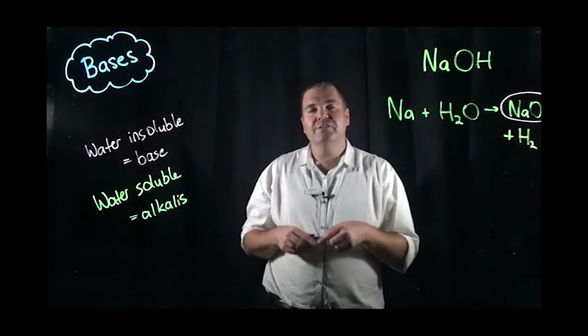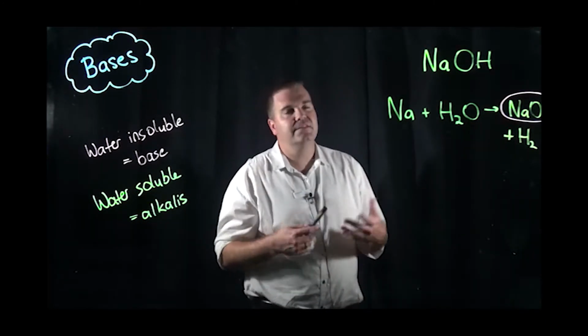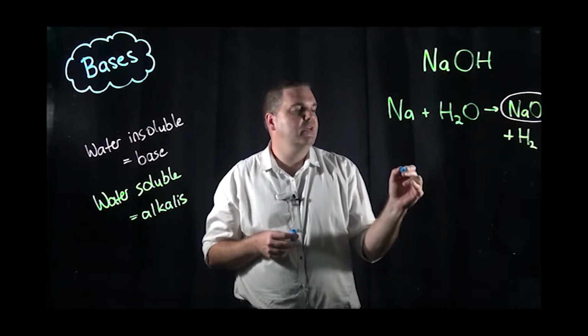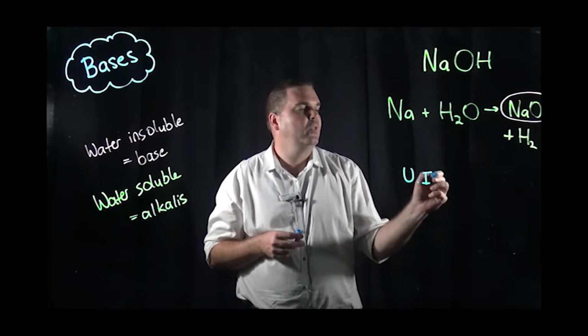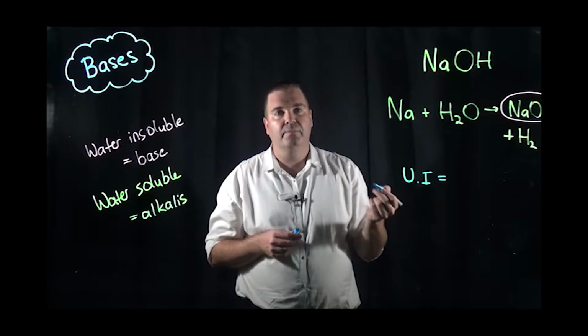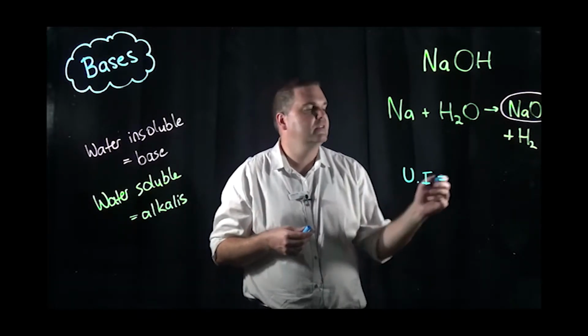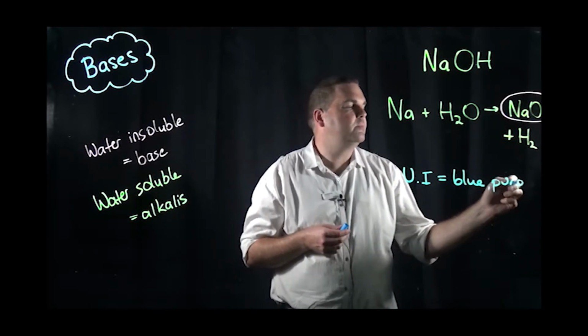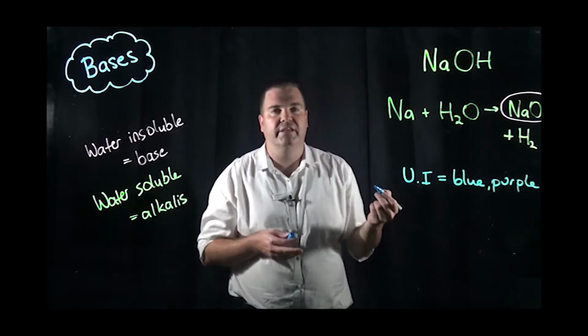We do get some color changes for bases in indicators, and some of the most common ones again are universal indicator. When we're using universal indicator with a base, you get the colder colors, so you get your blues and your purples, and that's pHs of around 8 to 14.